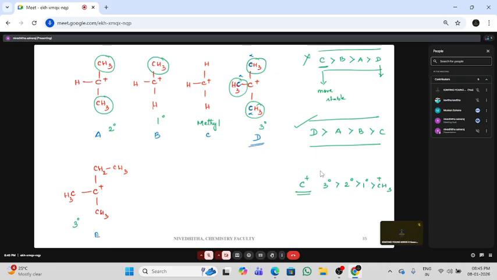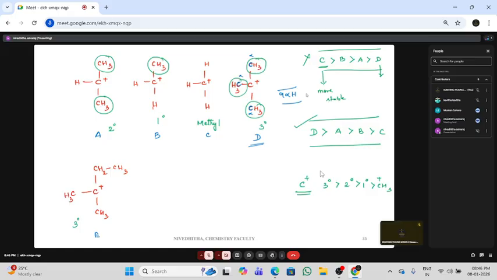How many alpha hydrogens are there in compound D? 3, ma'am. In one alpha carbon itself, we have 3 alpha hydrogens. 9, ma'am. Very good. In compound D, we have 9 alpha hydrogens.